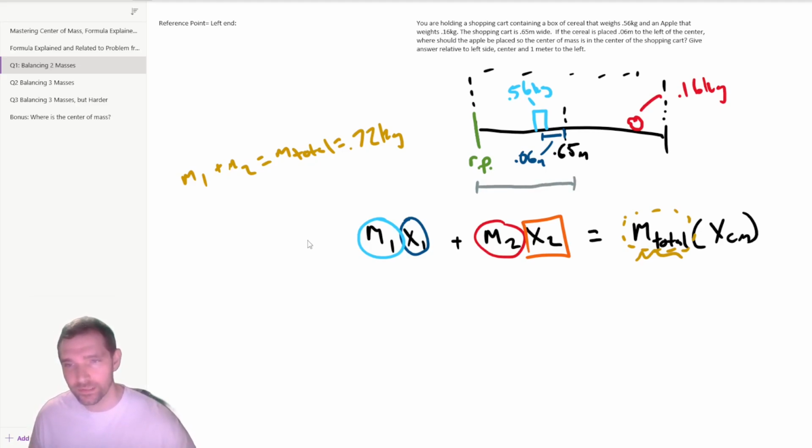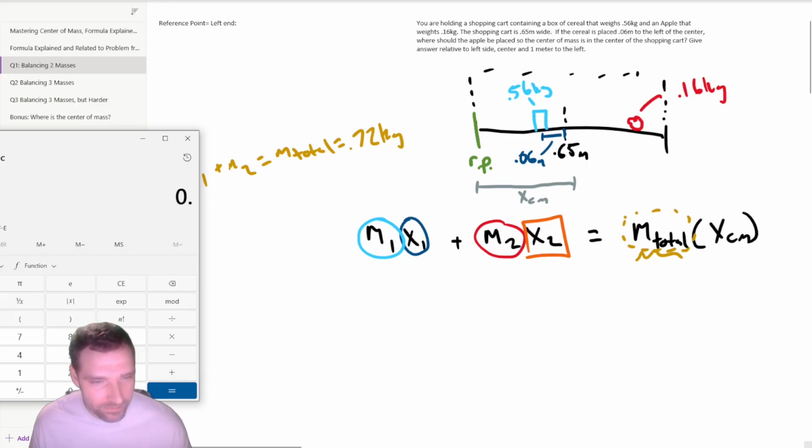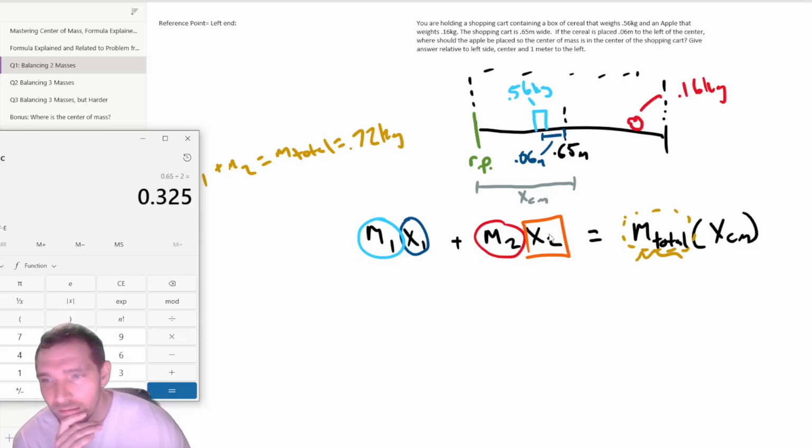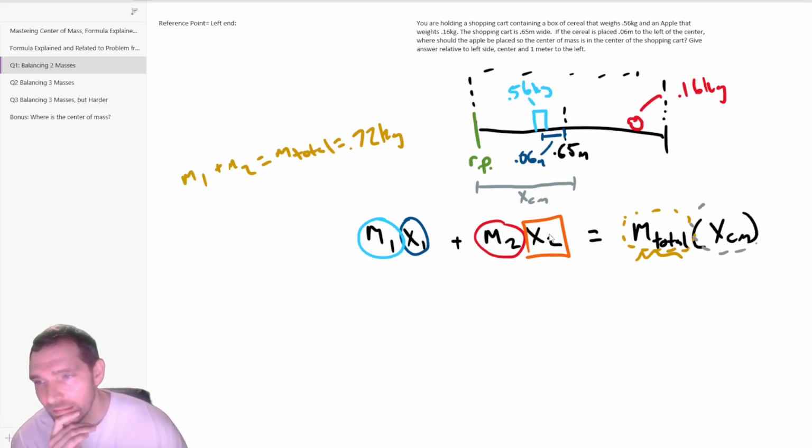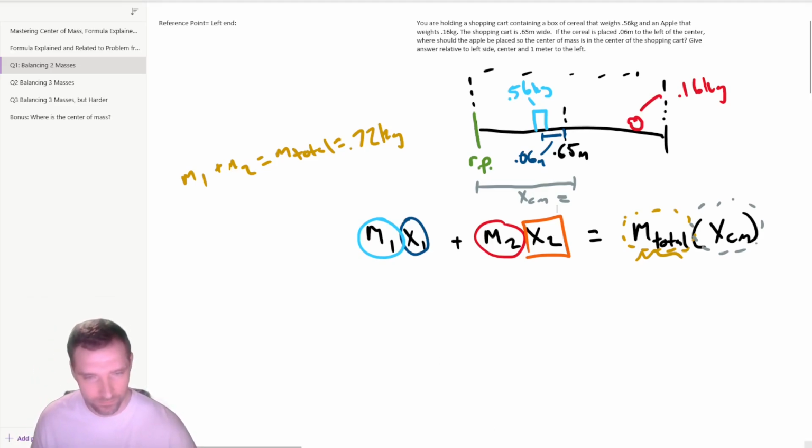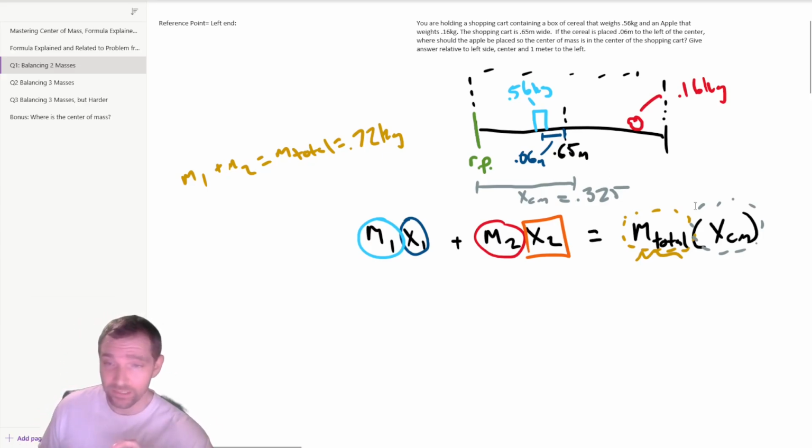So that number is also known. It's not directly given, but it's going to be half of 0.65. So if we've got 0.65, divide that by 2, then that is something that we also know. So 0.325.